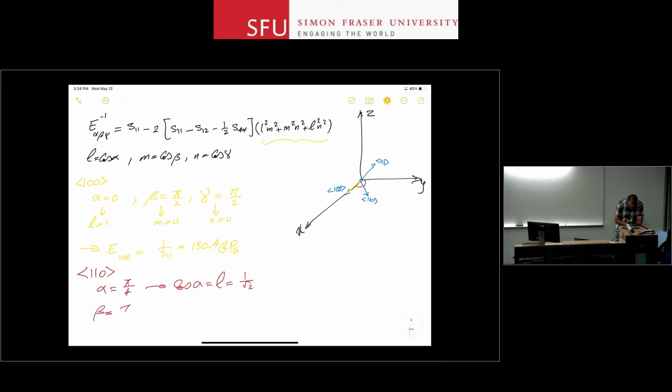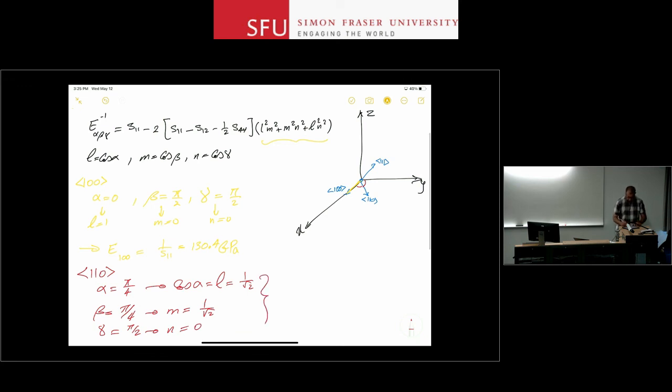Beta is the same, so therefore M is going to be 1 over square root 2. And gamma, the angle with the z-axis, is 90 degrees, or pi over 2. And therefore N is 0.